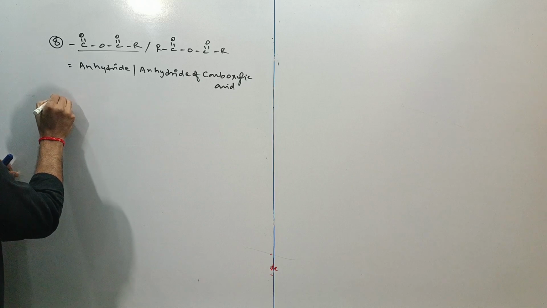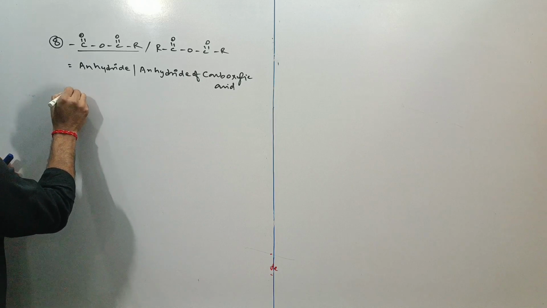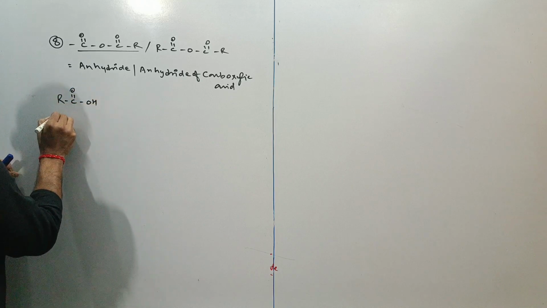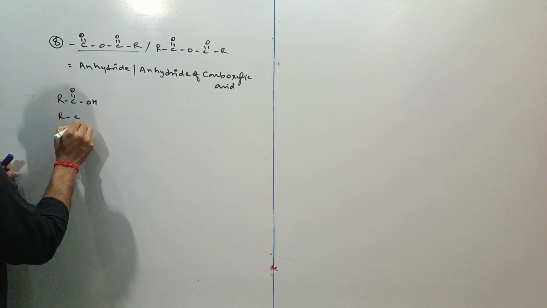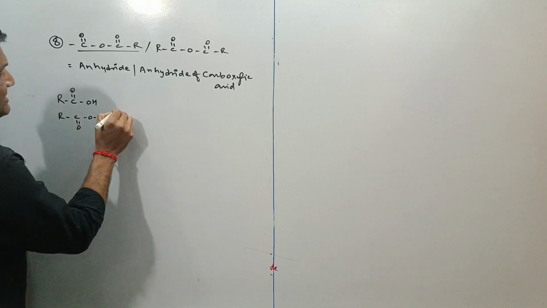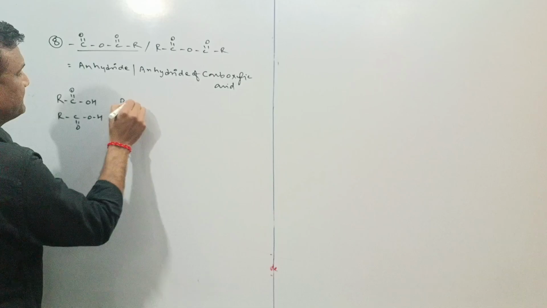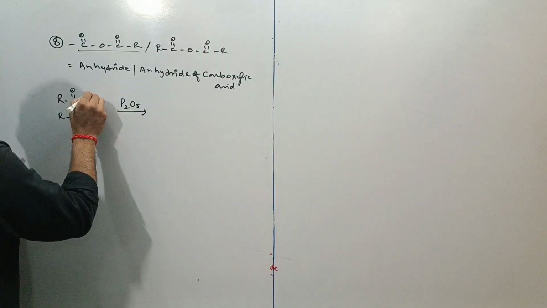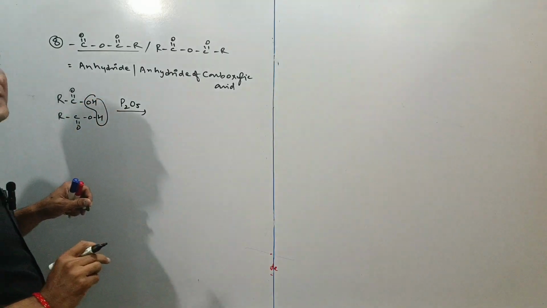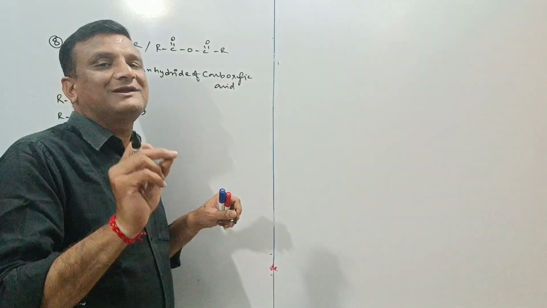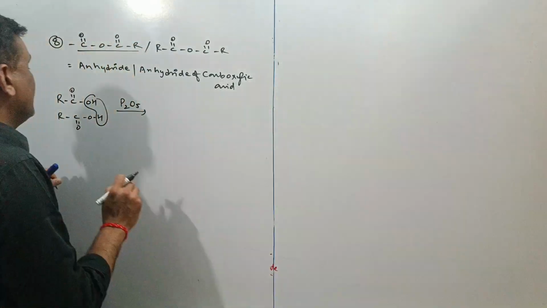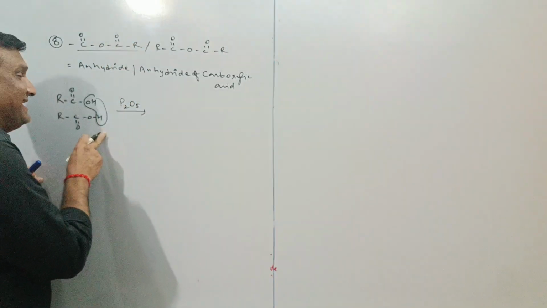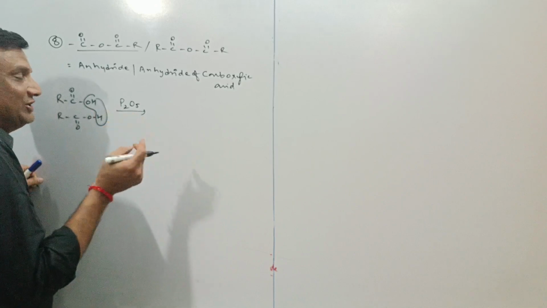Why? If you take 2 molecules of carboxylic acid in the presence of P2O5, phosphorus pentoxide, then there will be removal of a water molecule. Removal of water molecule in chemistry is called 'an', meaning separation, and for the water molecule it will be 'hydride'.